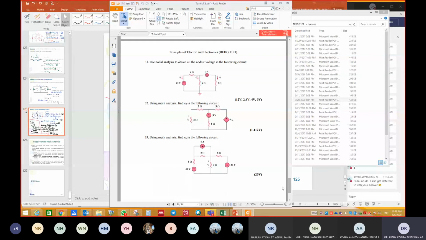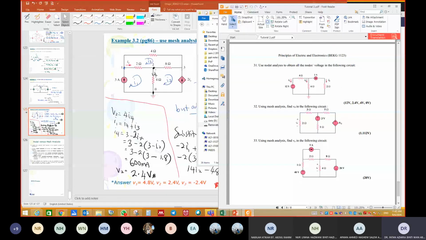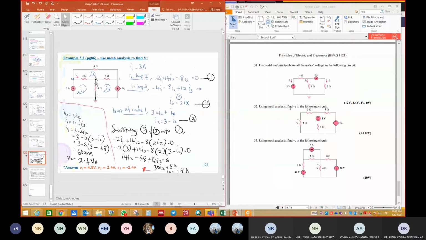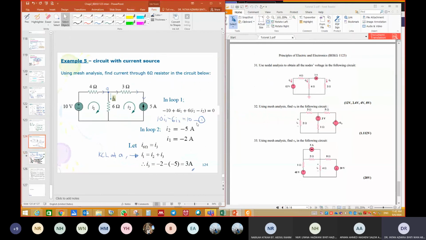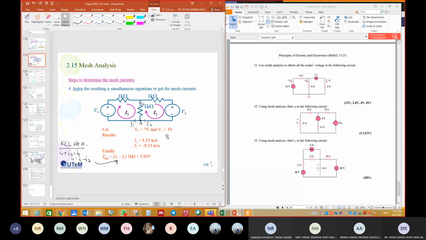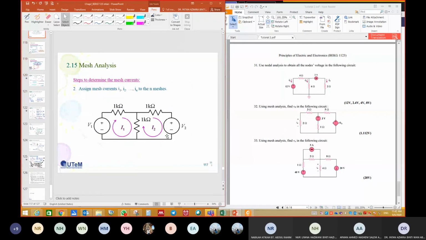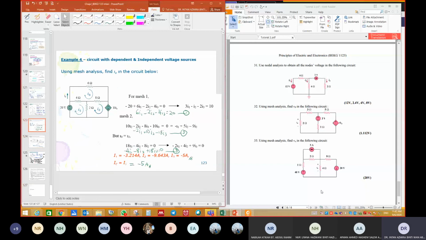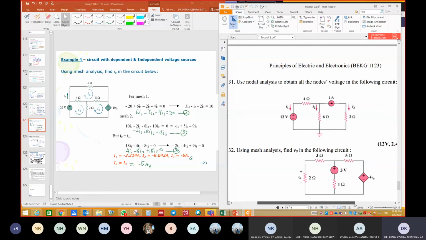Find the following. It is same as in your notes. Okay, try number 32. Find V naught.